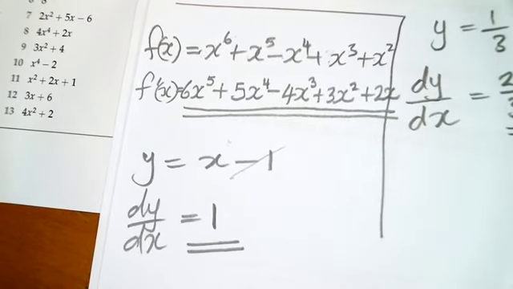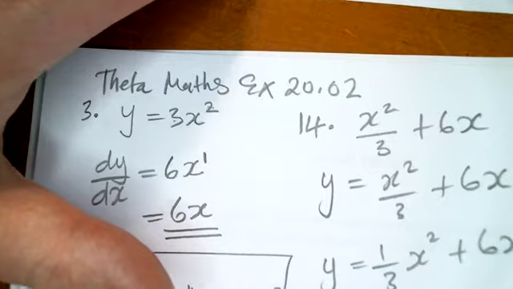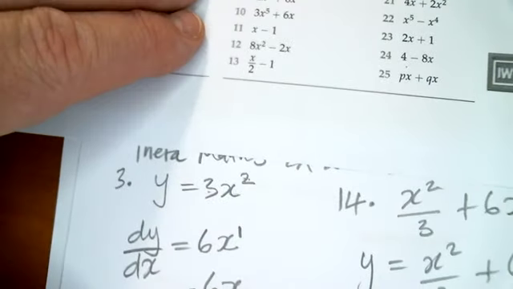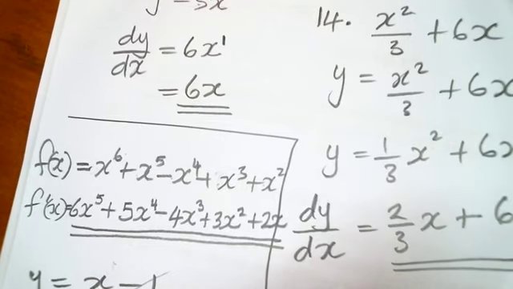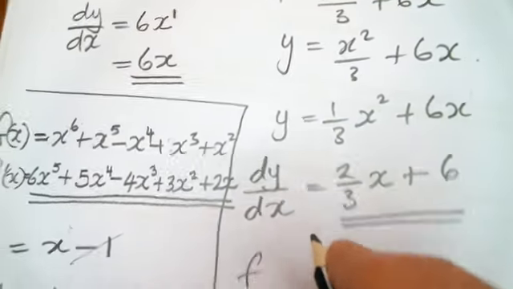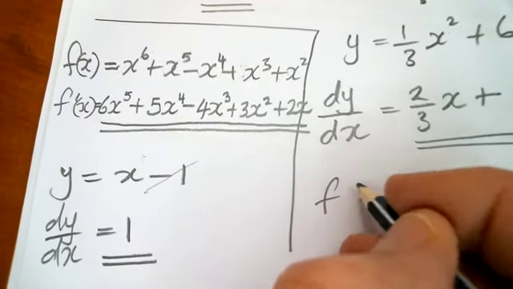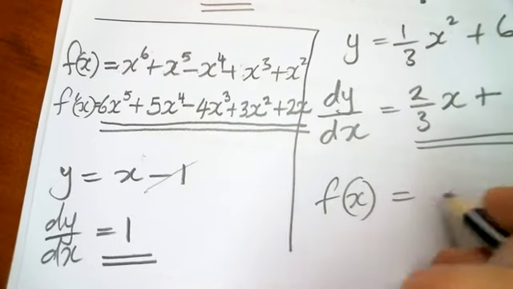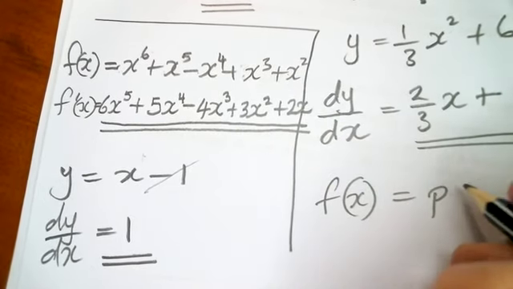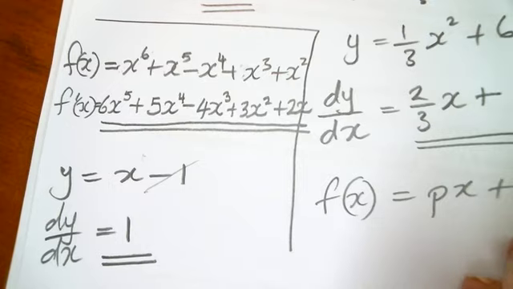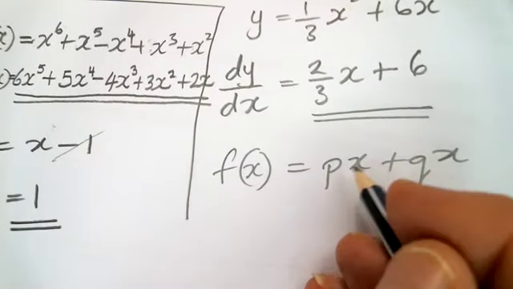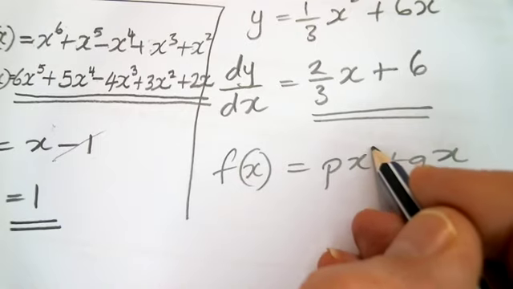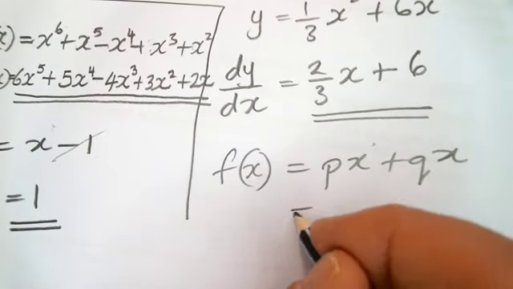Okay, very nice. What else have we got here? I like that one down the bottom there. What was it? px plus qx. I love that one. This time I'll make it a function. f of x is equal to px plus qx. The power here is going to be 1. 1 times p is p.